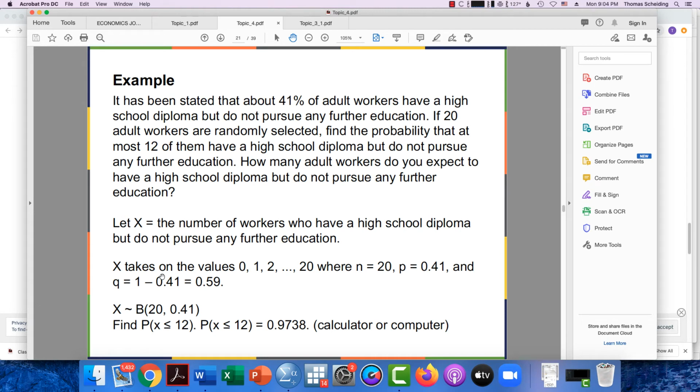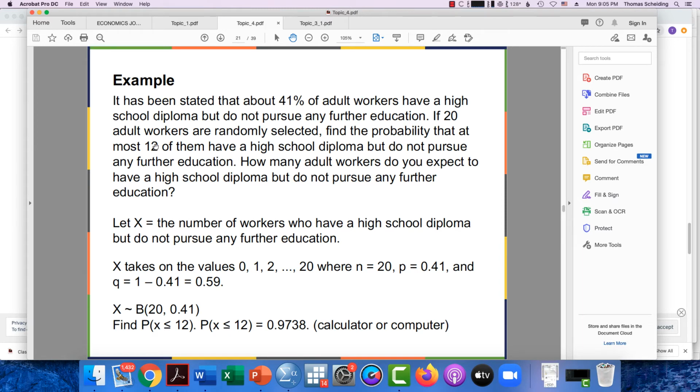Now, if we look at this slightly differently, and we're looking at about 41% of adult workers have a high school diploma but do not go on for further education. And if I select 20 random individuals, random adults, what's the probability that at most 12 of them, or in other words, in this case 60% of them, have a high school diploma?